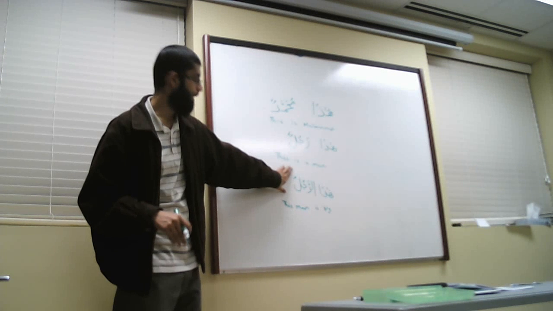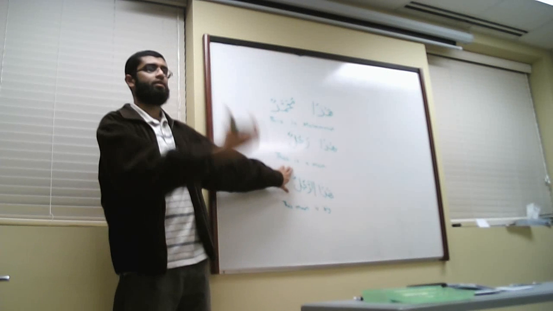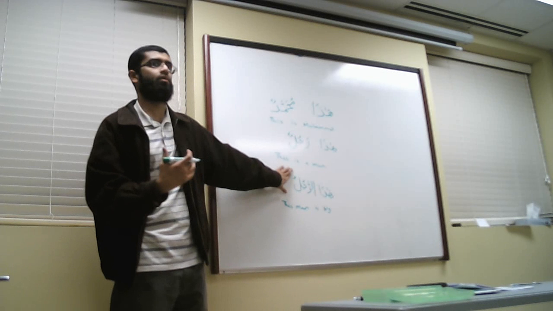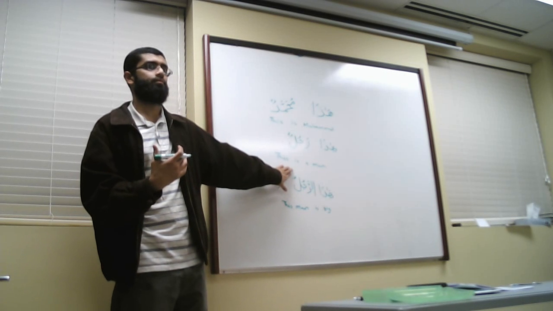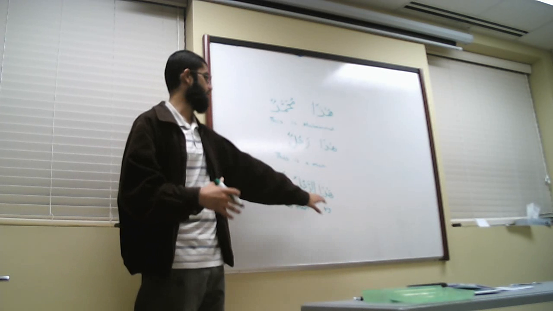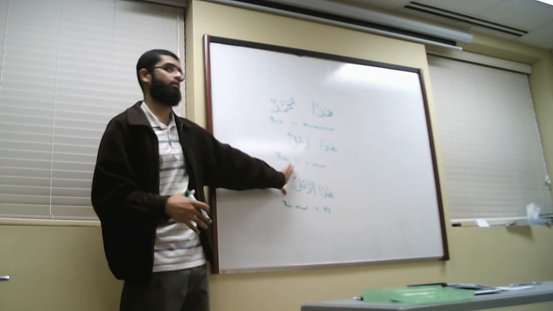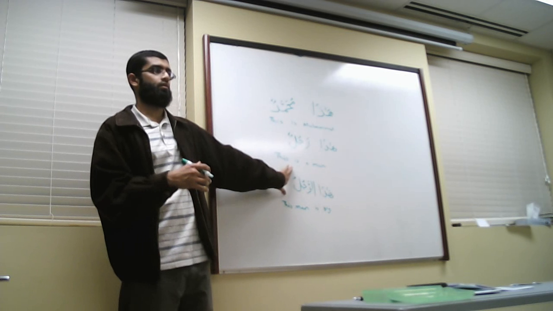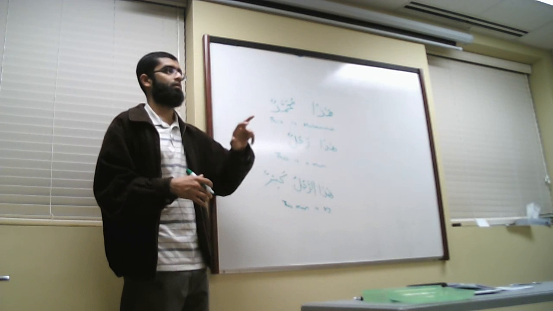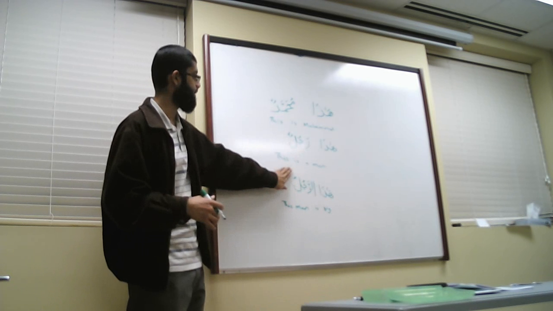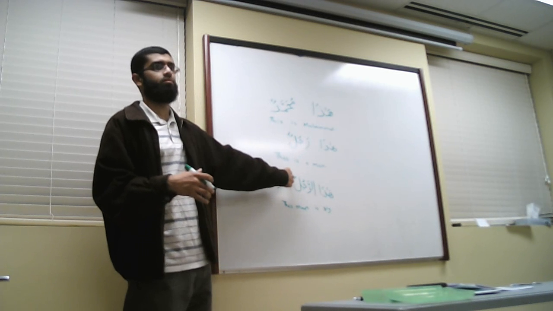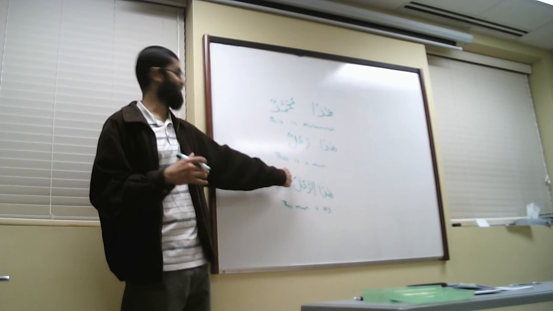This is my mubtada, my subject, and ar-rajulu is badal for hada. So it's a substitute. It takes the place of hada. And then kabirun is khabar. Hada ar-rajulu kabir. This man is big.